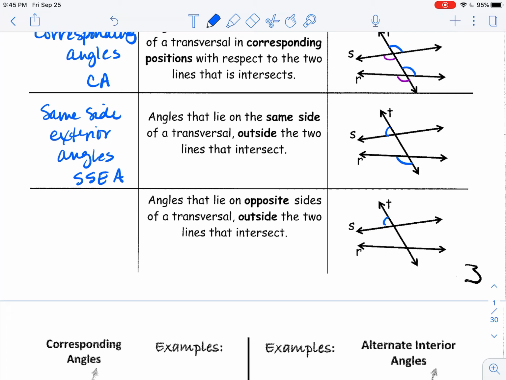So we're going to be on alternating sides outside. Again, here's the interior. Outside, these are called alternate exterior angles, or AEA.